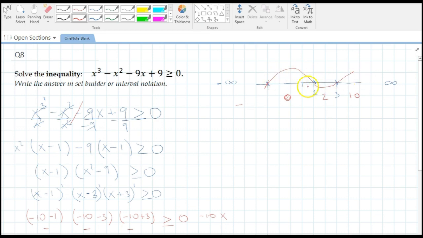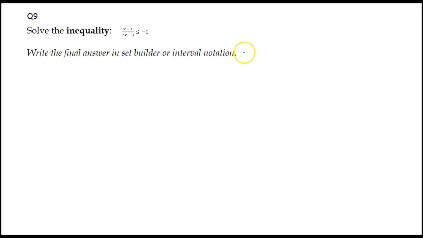So above the x-axis, above 0, is going to be this piece in here, the interval between -3 and 1. The final answer for our question number 8.